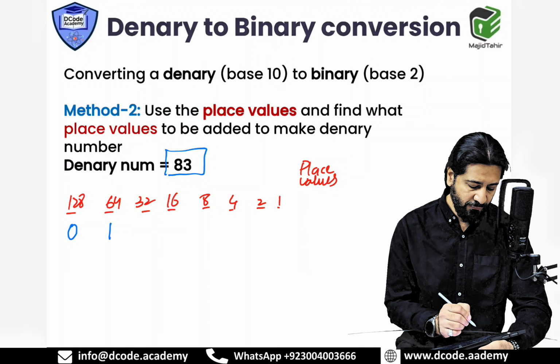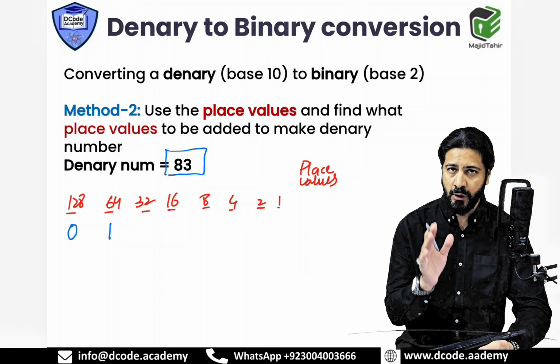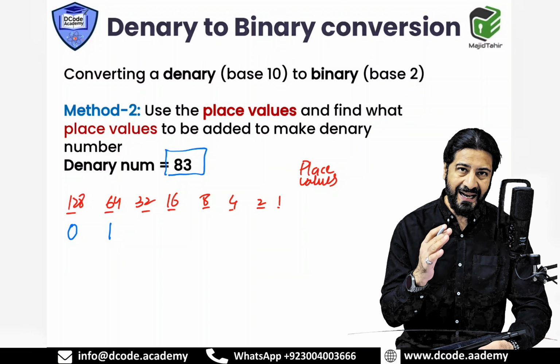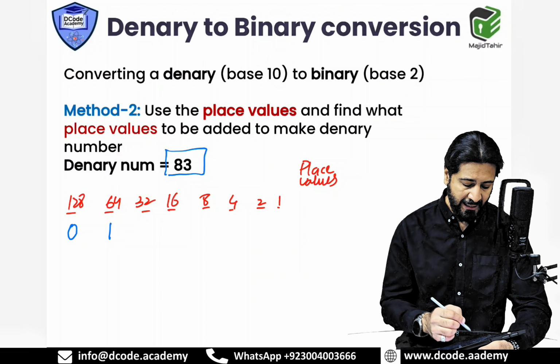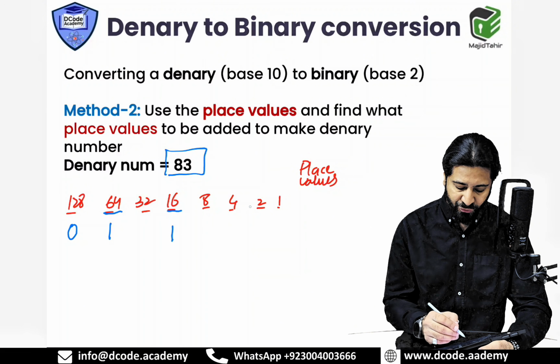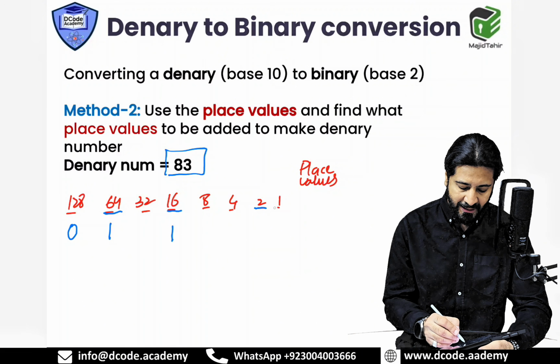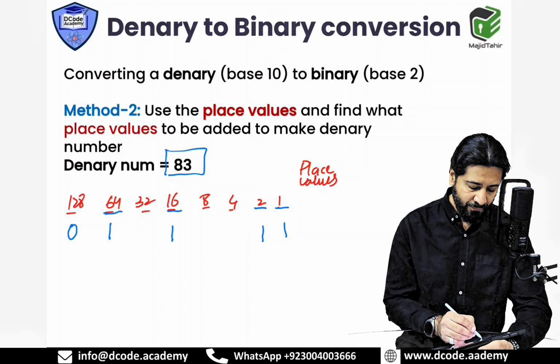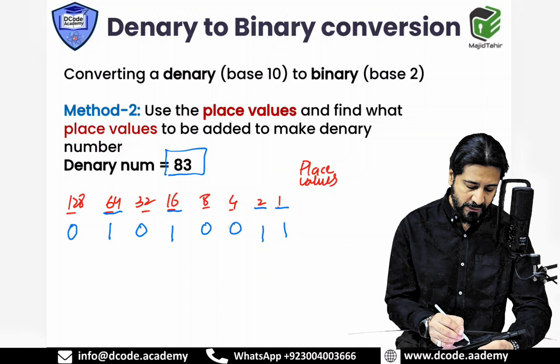I can put a 64. So 1 into 64 is 64. Now I have a 64. What do I have to add in 64 to give 80? So I take 64 and I take 16. It is 80. Now I need 3 more. So I take 2 and I take 1. And I put 1s underneath that. So rest I can put zeros.